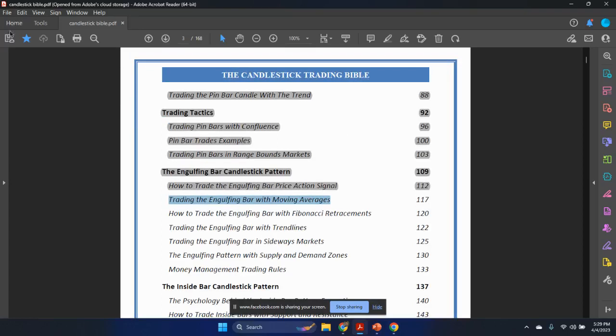And now we are going over the engulfing bar candlestick pattern. Last week I dropped 2 of them for you: the engulfing bar candlestick pattern, and how to trade the engulfing bar price action signal. This week we will be going over trading the engulfing bar with moving averages.